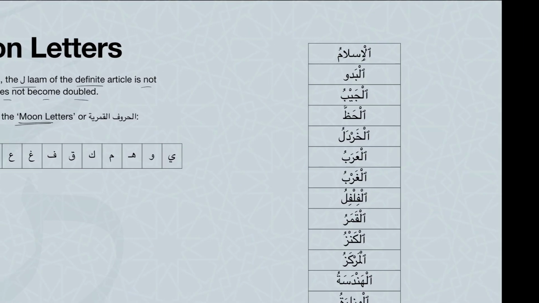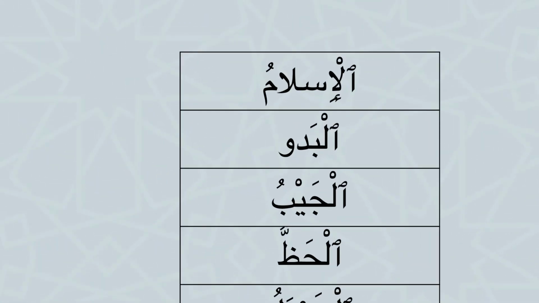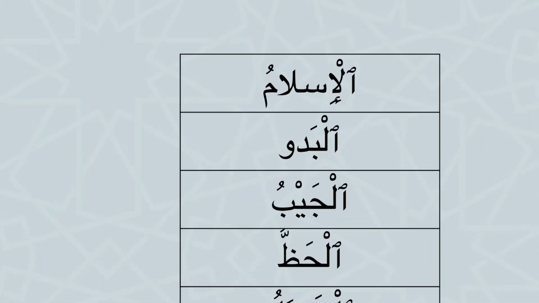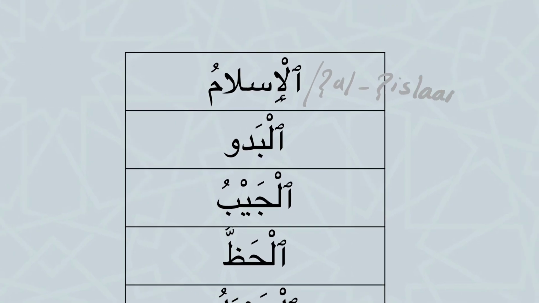But let's look at the examples and see how we pronounce them. Al-Islam. If I were to transliterate it, I would say al, is... Oh, sorry. Al-Islamu.